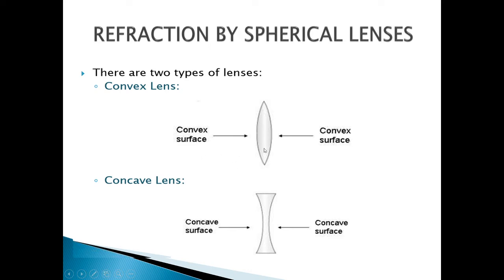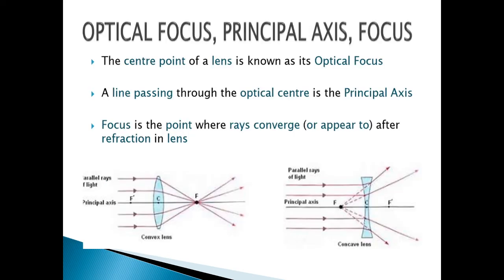A lens like that is called a convex lens, and the lens which is broader at the ends and thinner in the middle is called a concave lens. Make sure that you draw the diagram properly for a concave lens and a convex lens.